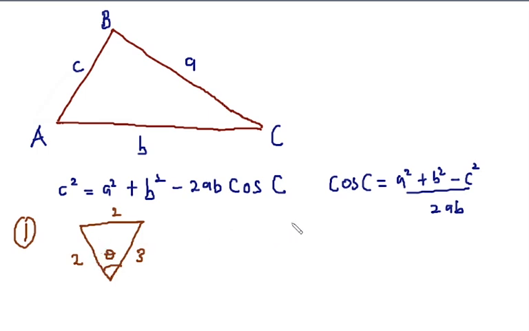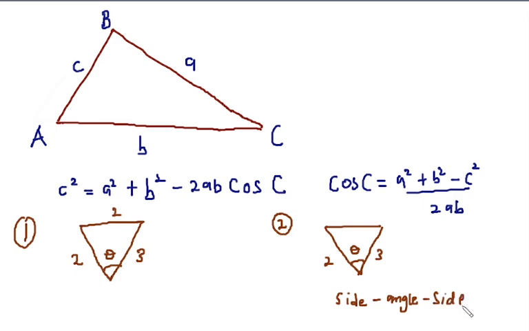The second case where you can use the cosine rule is when you are given a side, an angle, let's say theta, and another side, so the side, angle, and side are next to each other.